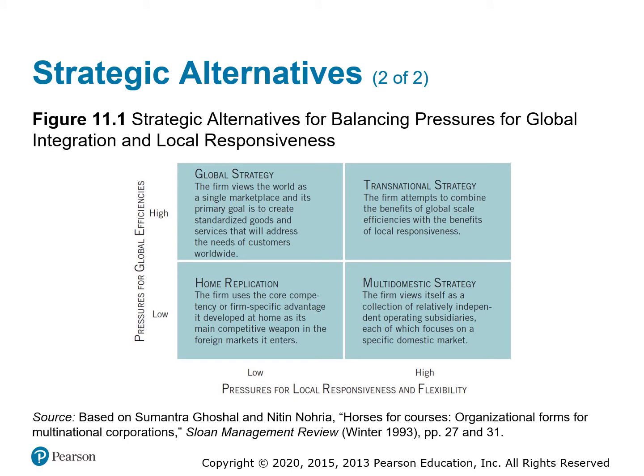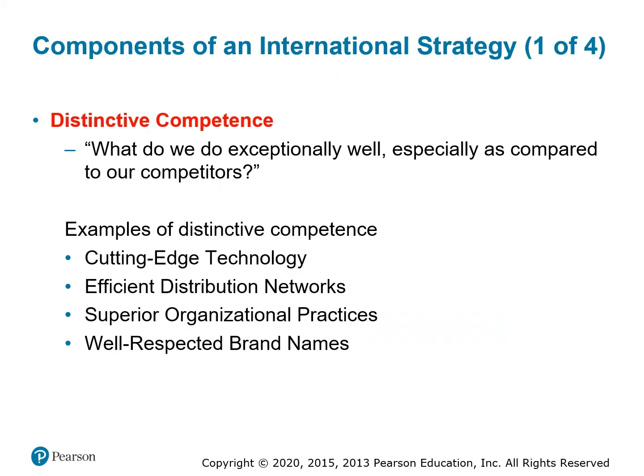Figure 11.1 illustrates 4 strategic approaches that managers in an organization must address for the organization's strategic development. Let's look at each of the 4 strategic approaches. Number 1 is distinctive competence.